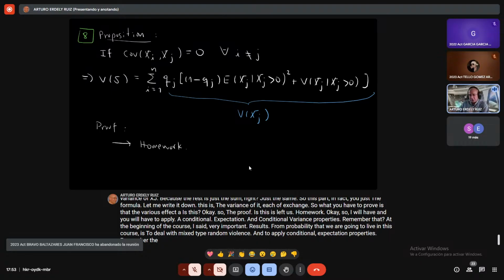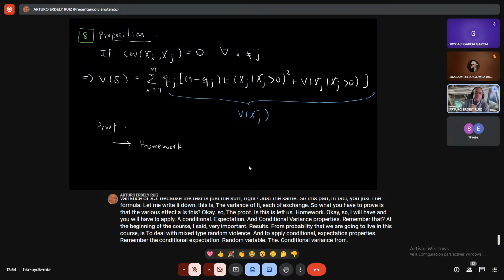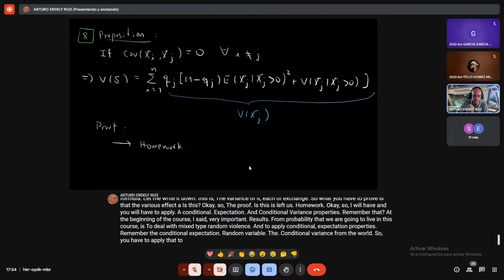Remember the conditional expectation random variable, the conditional variance random variable. So you have to apply that to get to this result, okay? So I will add this exercise to the homework.